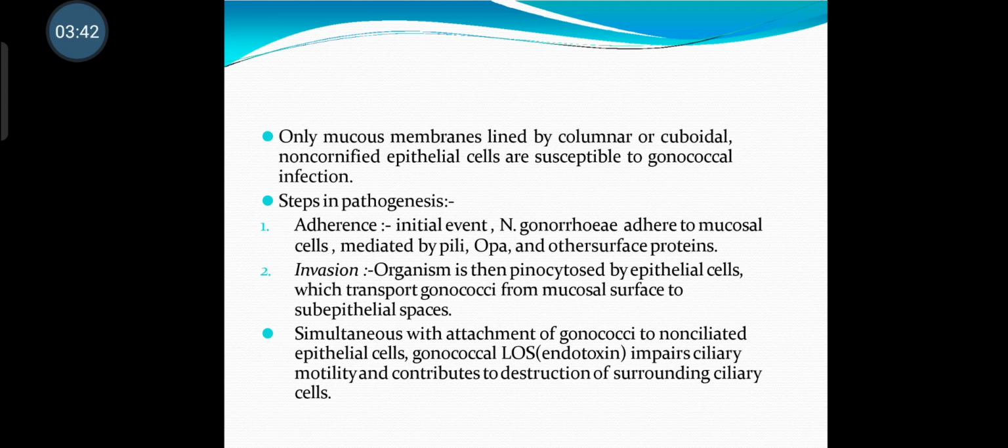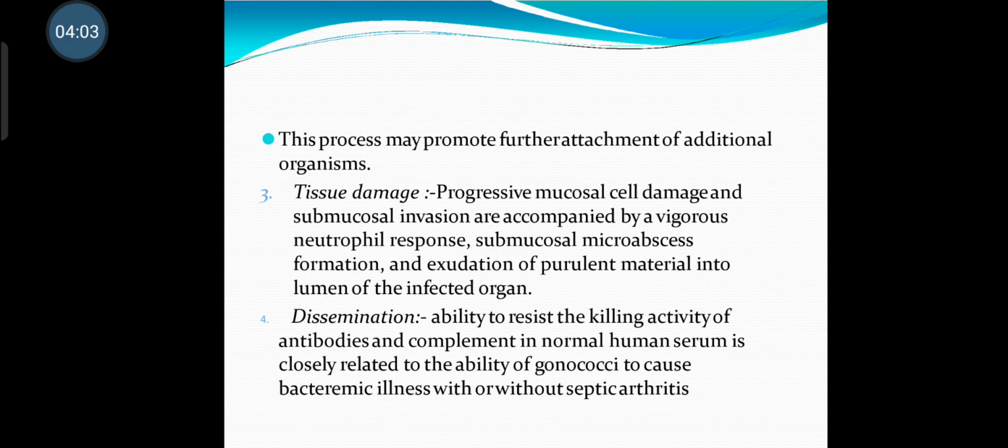Simultaneously with the attachment of gonococci to non-ciliated epithelial cells, gonococcal endotoxins also impair the ciliary motility and contribute to the destruction of surrounding ciliated cells. So after attachment, these kinds of effects are produced by the gonococcal cells.